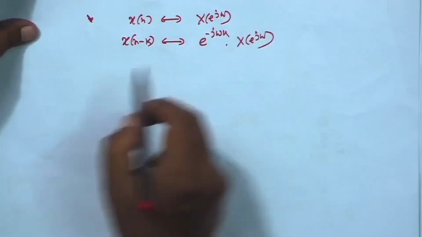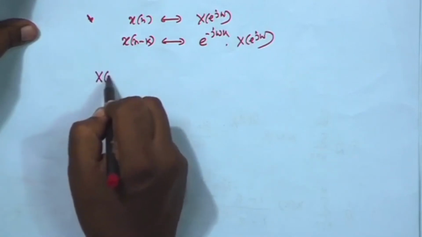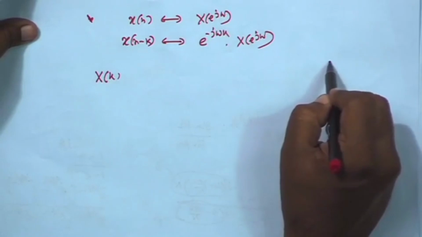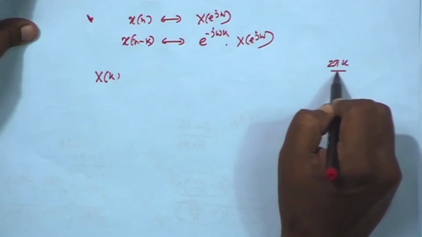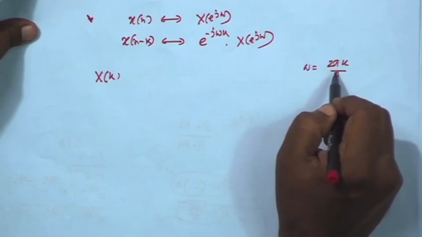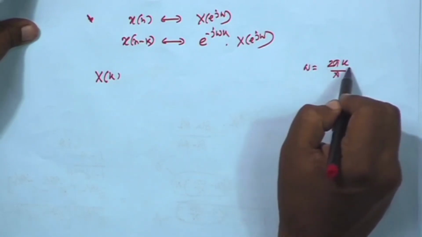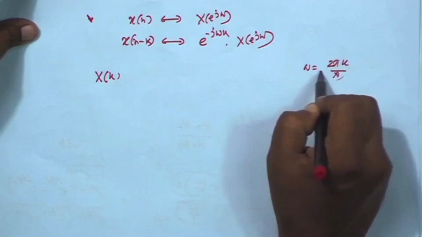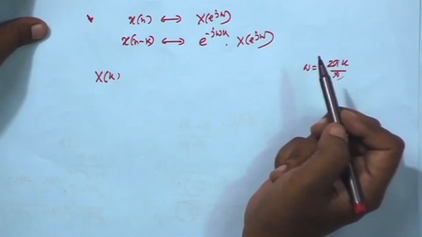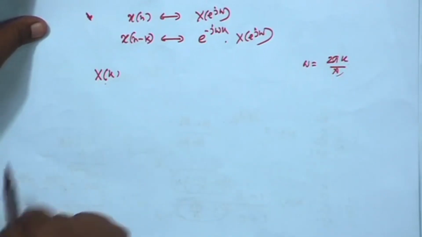Now, I ask a question. Suppose capital X k, which is nothing but sample of this DTFT at 2 pi into k by n at that much omega. 2 pi by n is the basic period, k sample means k times the basic period. So, at that frequency if you find out the DTFT, that is DFT, discrete Fourier transform, and that we call capital X k.